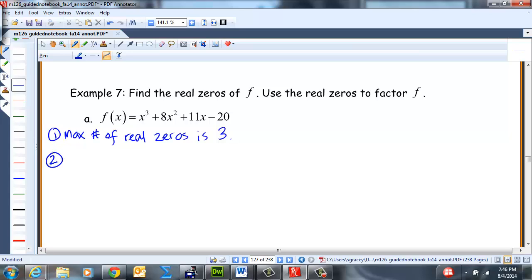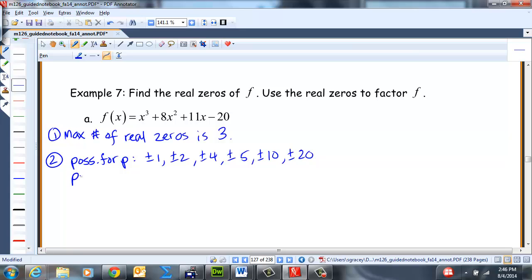So secondly, we're going to find all the possibilities for P over Q, right? So possibilities for P are plus or minus 1, plus or minus 2, plus or minus 4, plus or minus 5, and then plus or minus 10, and plus or minus 20.